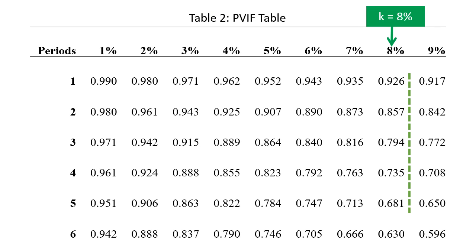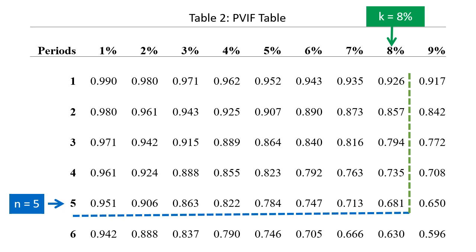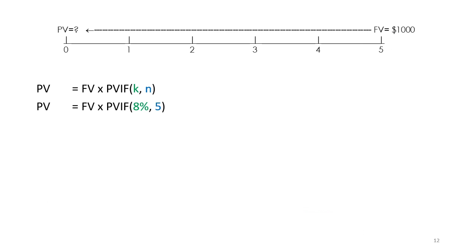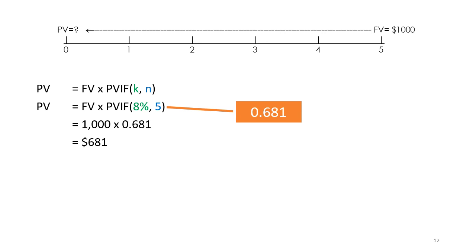We are given K and N. The intersection is the answer. Substitute this answer from the table into the equation, and we find the answer of 681.